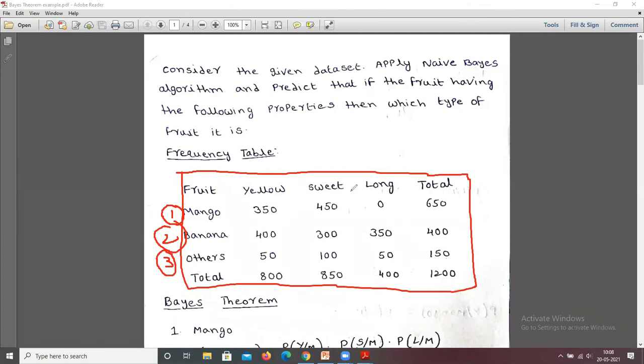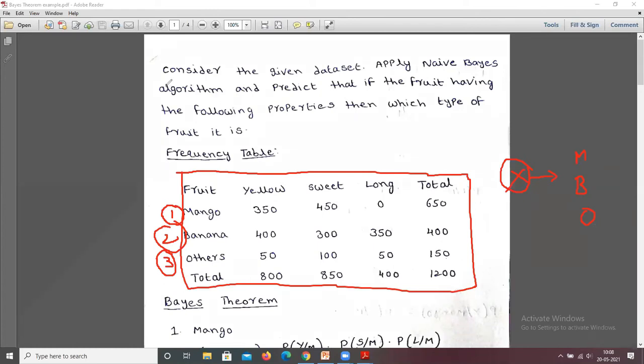Based on this set, you are going to classify the fruit X. For example, there is a fruit X. Based on the data set available to you, you are going to categorize this X as the first category, that is mango, or the second category banana, or the third category others. That means maybe this X belongs to M or B or others.